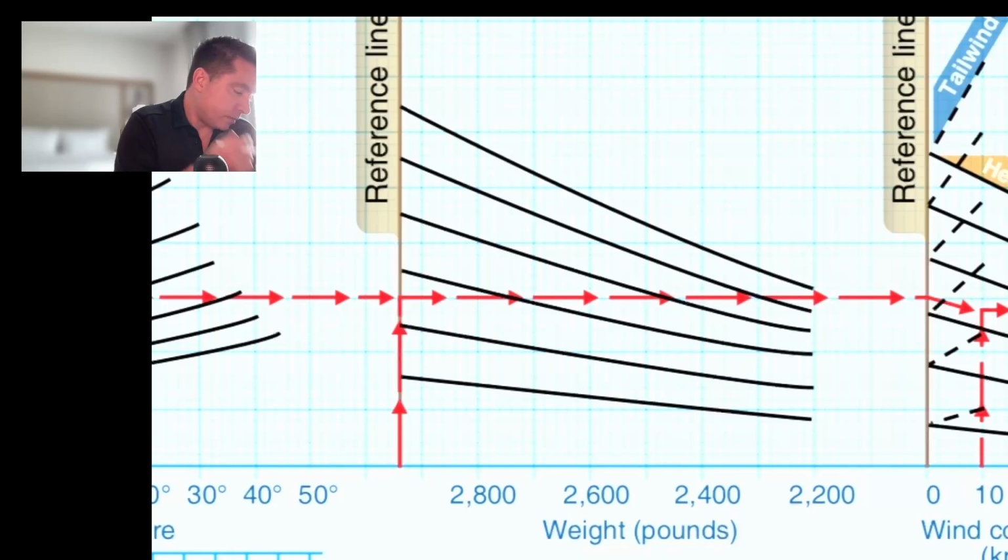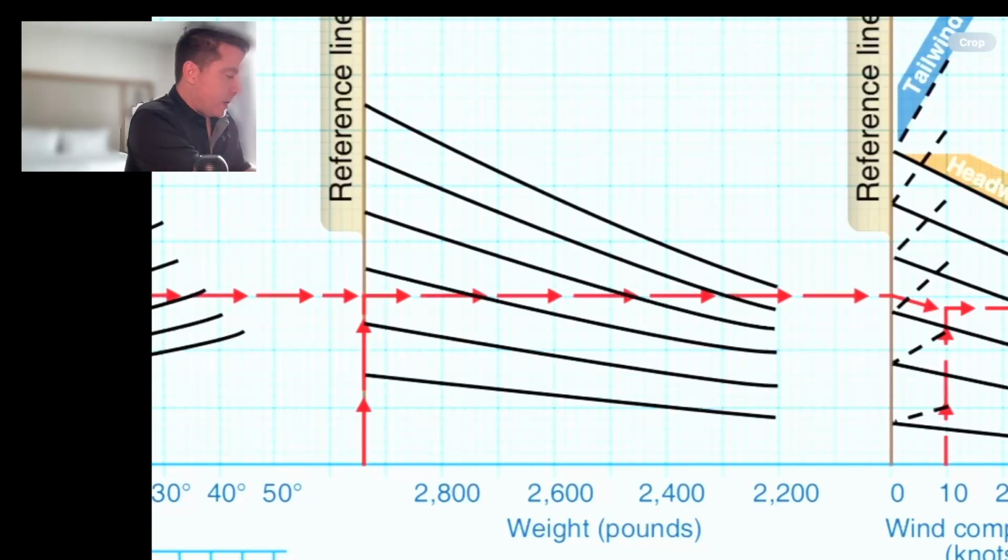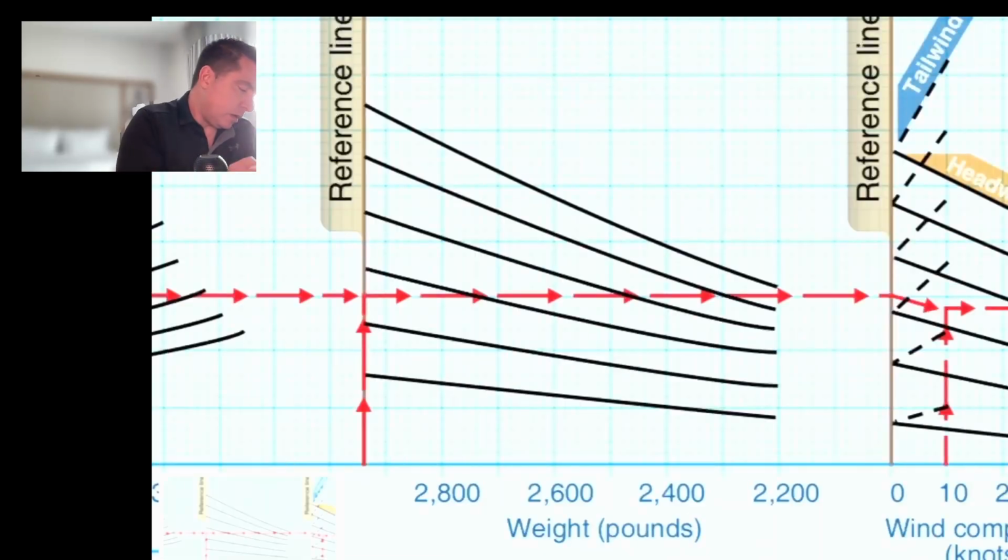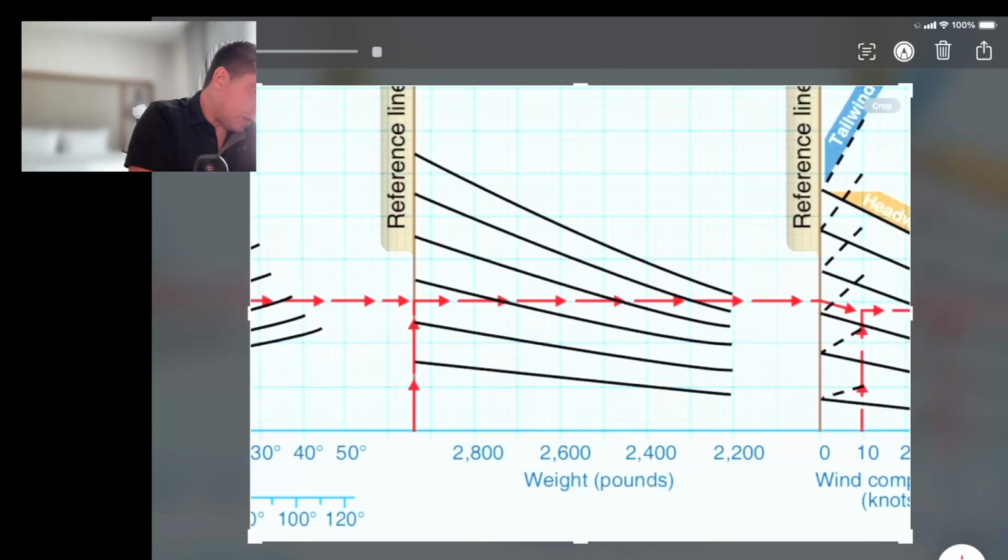But let's say you're not at max weight, and you're at 2,600 pounds. At the reference line, again, you would interpolate the best you can where those two lines intersect. Then you'll go across horizontally to the next reference line.